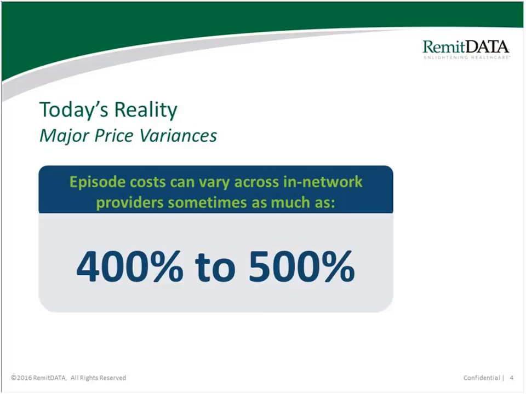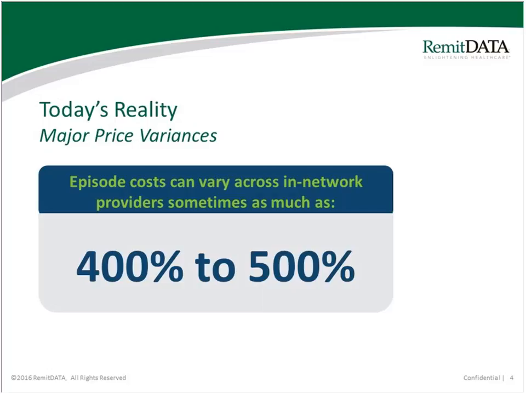As you all know, in today's environment, there are dramatic variances in cost of care across providers and procedures by specialty and location. And it's important to ask the question, how can you target and successfully impact the most important cost of care drivers that are affecting your organization and your customers?